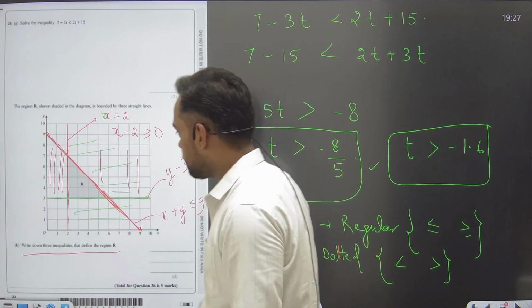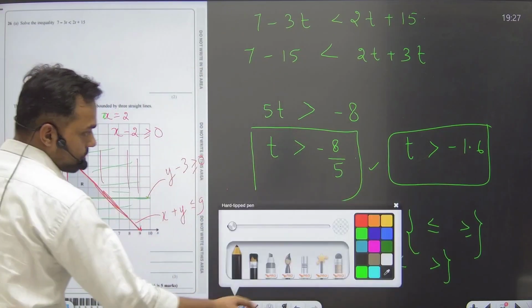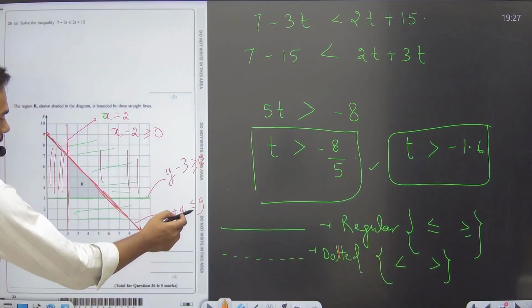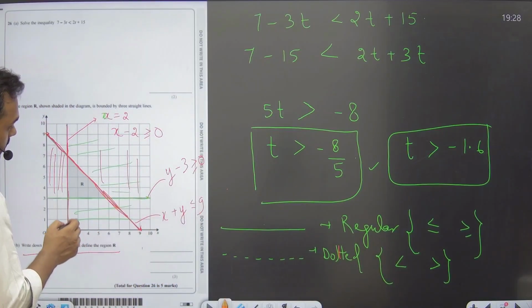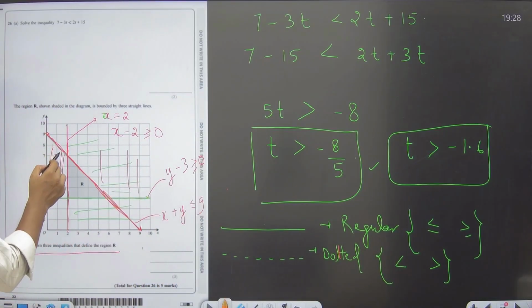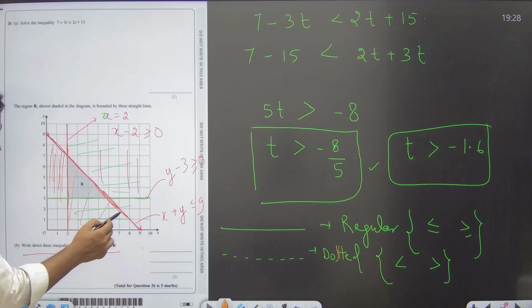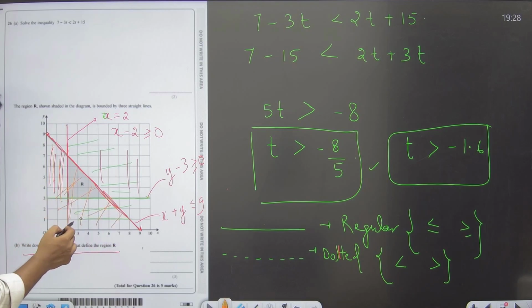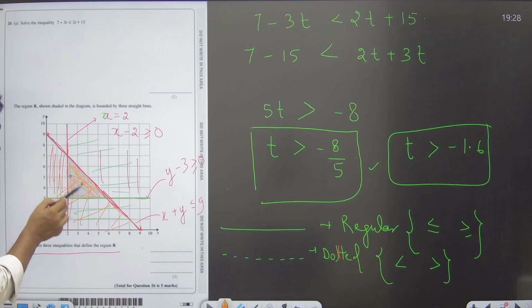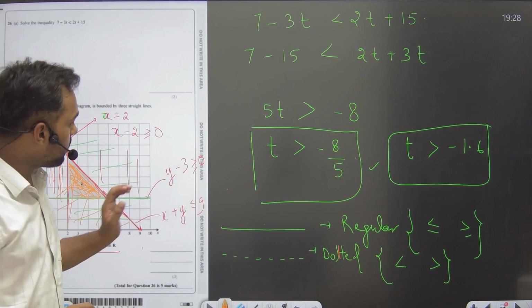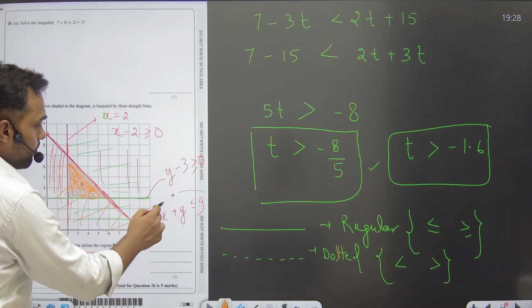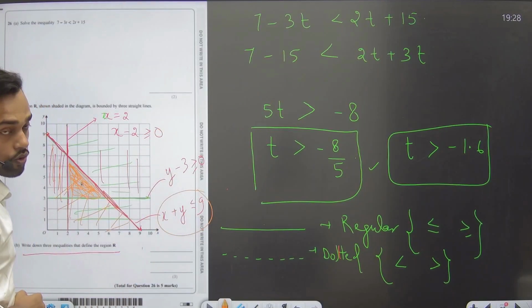How am I writing this? See, I have written less than or equal to 9 because the feasible region occurs below this line. So this is our feasible region, students, and we need to cover this part. That is why I have written x plus y less than or equal to 9.